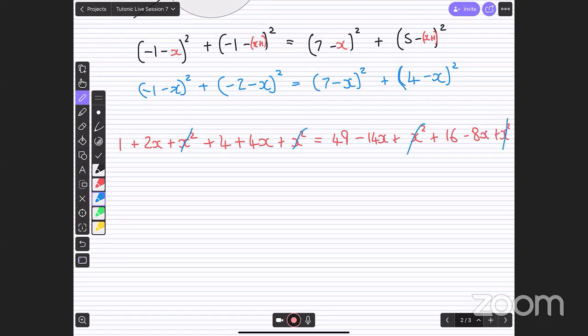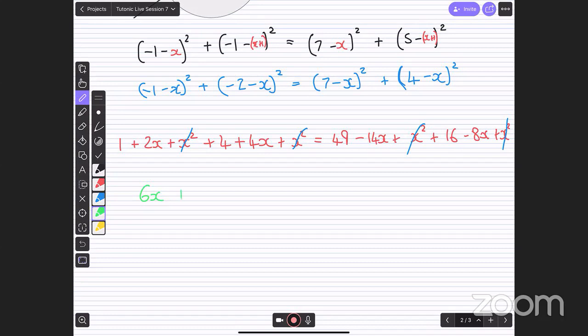You guys see that? Okay. What do the x's add up to on the left side? Come, guys, quick. 6x, right? And the constants add up to?